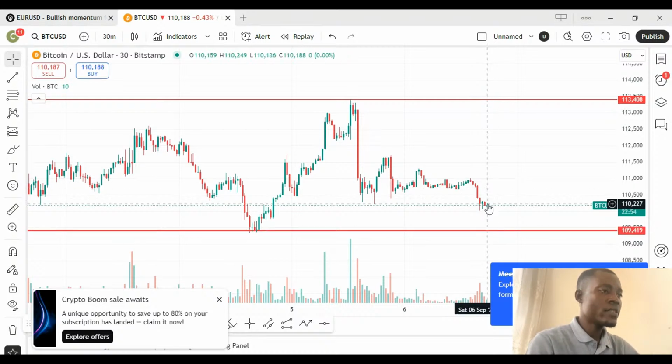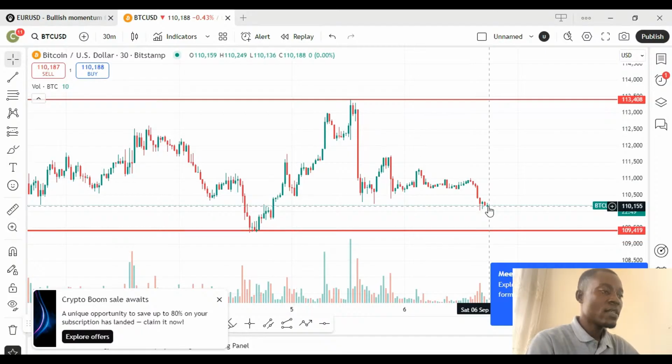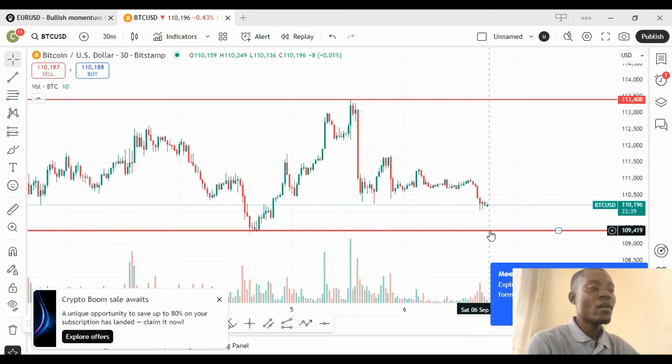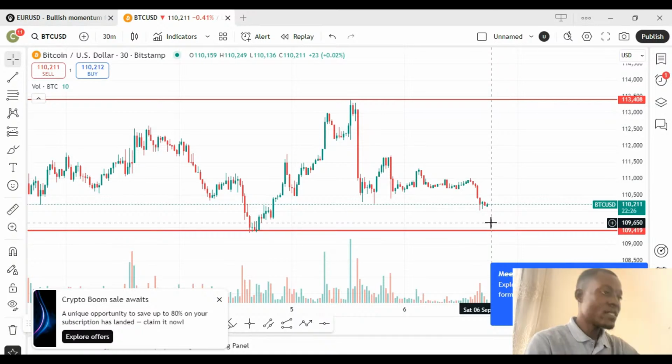If there is a liquidity sweep, what you are going to see is that the market will push strongly and push below it, then the market will be rejected at that level, and you will see a bullish reversal pattern, and that is where you will be looking out for your entry. When you trade like that, your probability of getting a good trade is high.